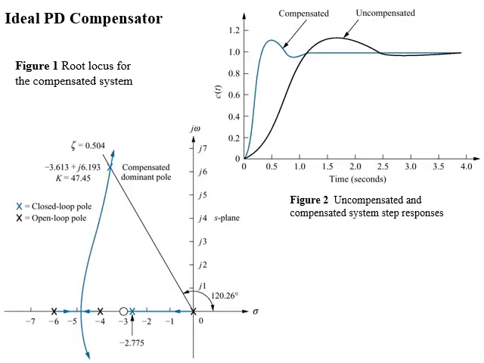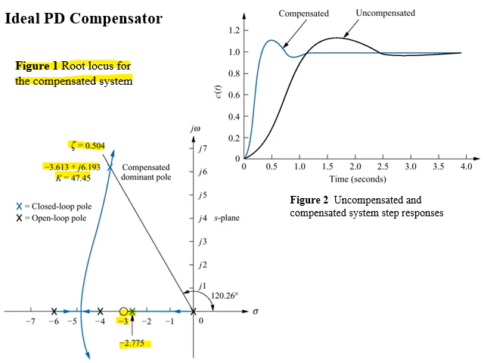Dear students, figure 1 represents the complete root locus for the compensated system, which has a percent overshoot equal to that of the uncompensated one, but its settling time is reduced to one third of the uncompensated one.